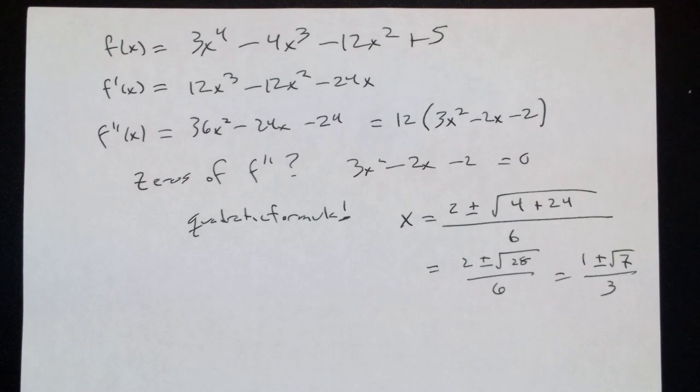Well, these are just gross. So let's get some decimals. 1 plus the square root of 7 over 3.